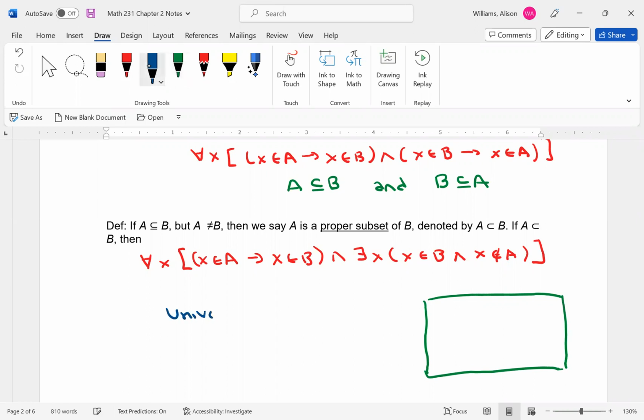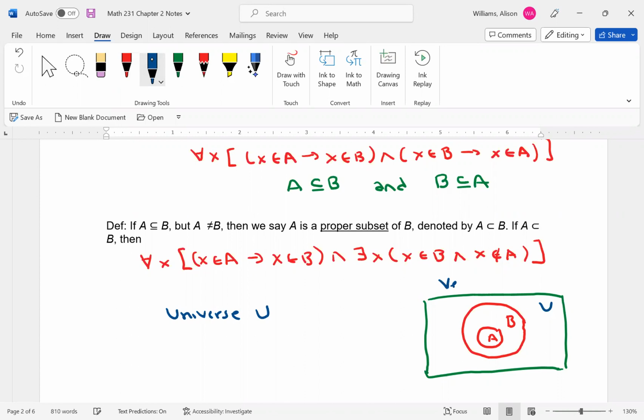So there's the universe, which we'll call U. And then inside the universe, we have two sets that we're interested in, the set B and the set A. So B is somewhere in the universe, and A happens to be inside of B, smaller and completely contained within B. That way, anything that's in A is automatically also in B. But it's possible to have things in B that aren't in A, and that's what that extra space is representing. All right. So that's how we would draw this as a Venn diagram.